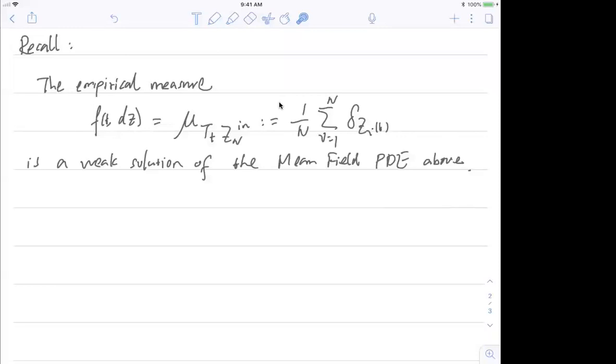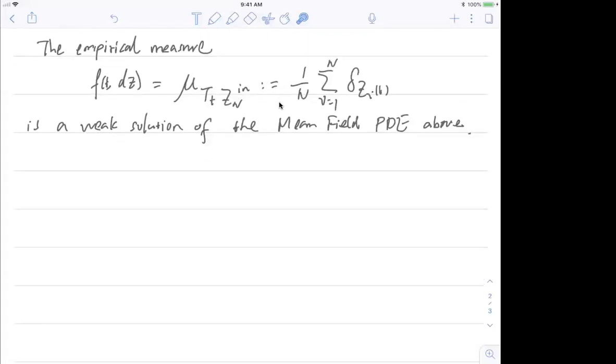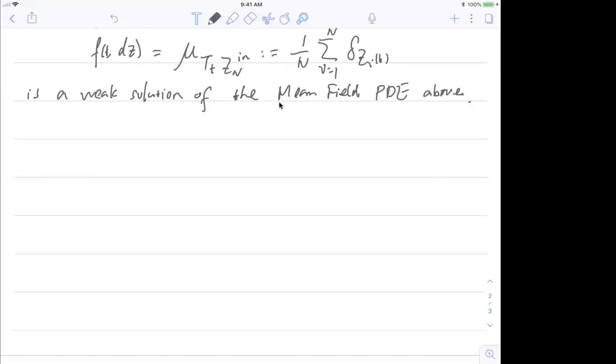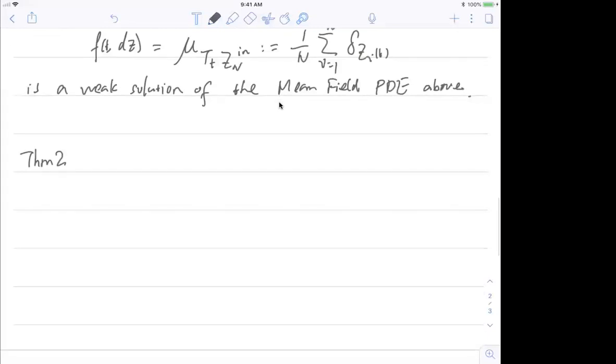This can be represented in another way. Let's just write that. So this is theorem 2. And we will need the notation here to do the distribution estimate.